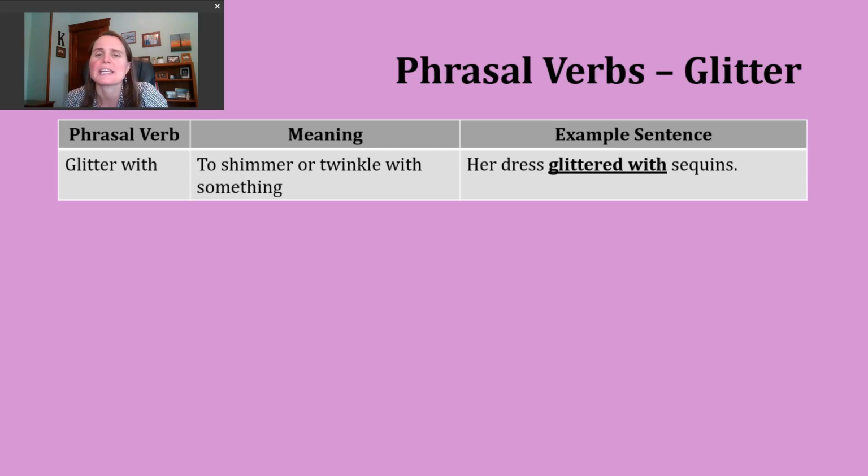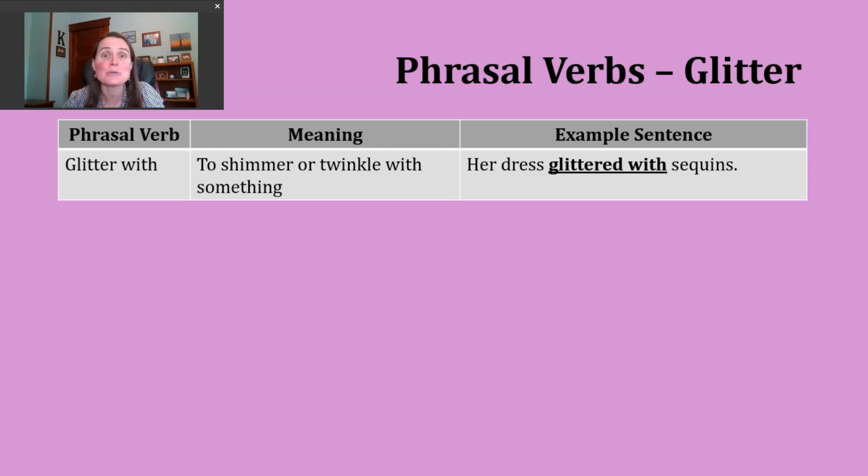So an example of this might be, her dress glittered with sequins. This is a specific type of thing that is meant to sort of have light reflect off of it and kind of give that shimmer or shine effect.